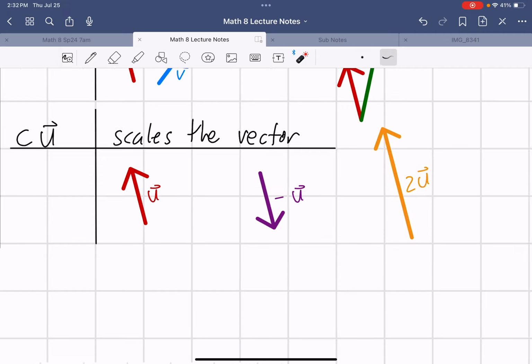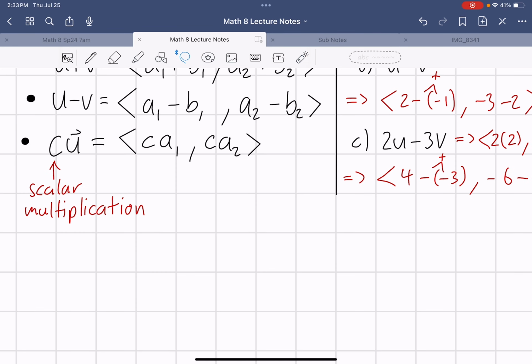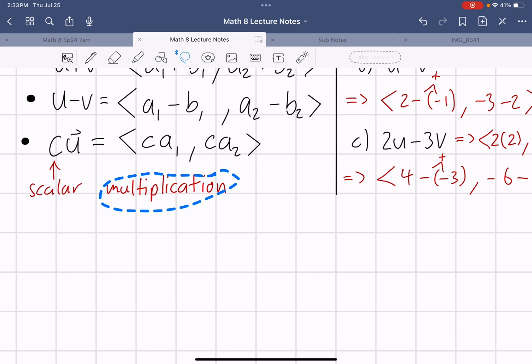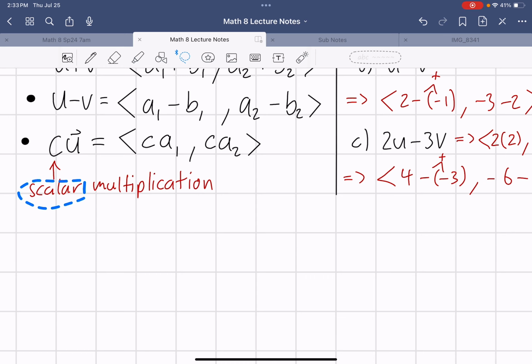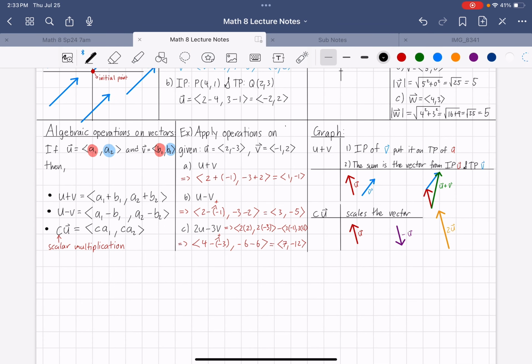Numbers bigger than 1 just make it much longer. And again, this is what's happening for these different operations, right? Adding, subtracting, multiplying, and dividing.